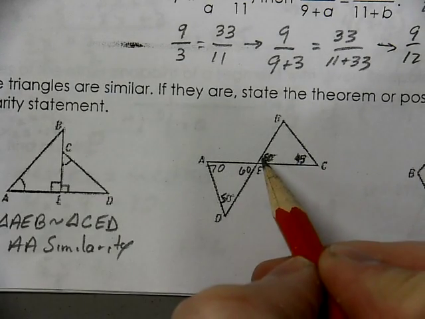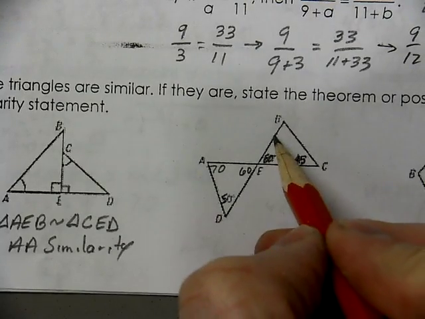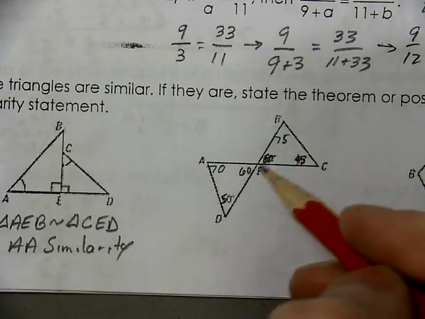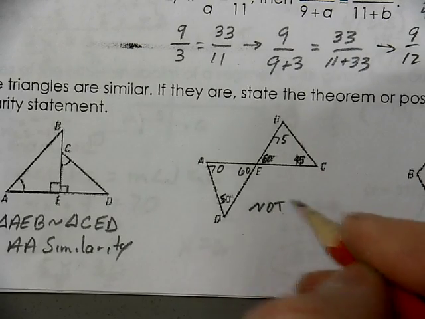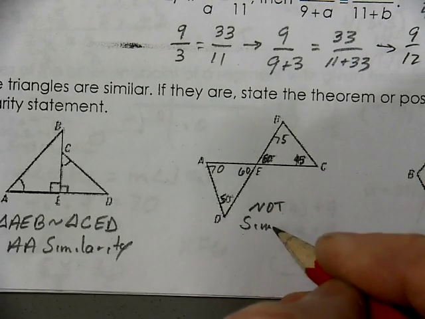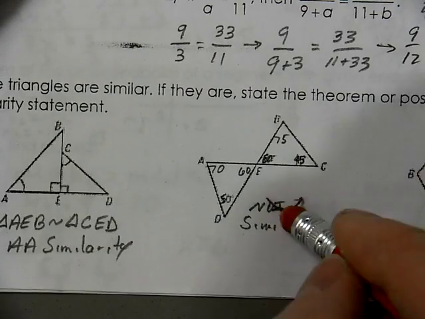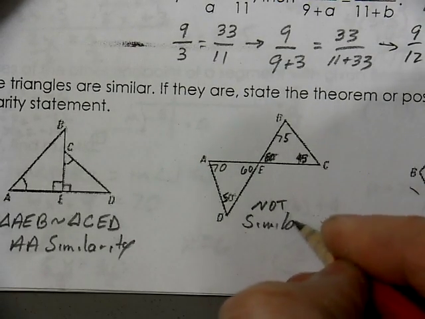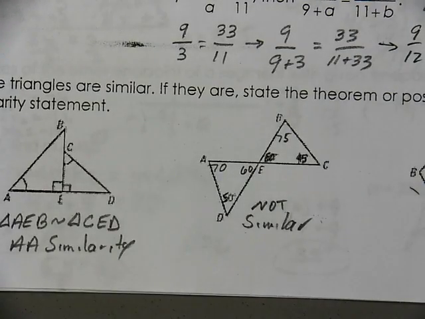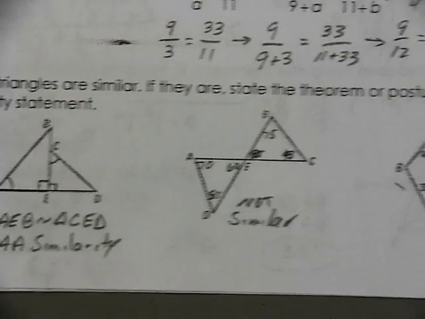If that's 45, that adds up to 105, so this has to be 75. We don't have two angles the same in either one of them. Not similar. We don't have angle-angle or any of the side information.